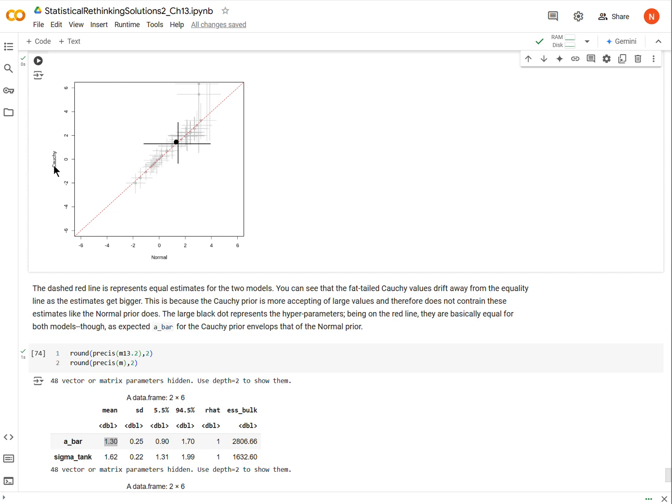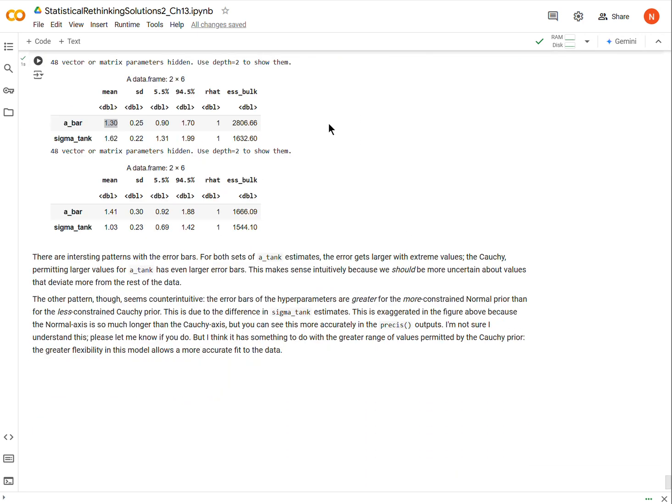And so because of that, the estimates from the Cauchy are less variable than for the normal. Why? Because the normal has constrained the estimates, and so it's going to fit worse to each particular data point. Okay, so full disclaimer again, that is my guess. I'm not really sure, and if you have a better answer, then please direct me to that. Okay, anyway, I think we will call that good.